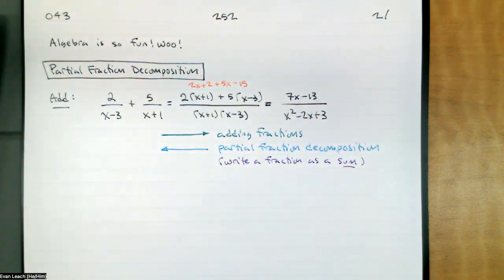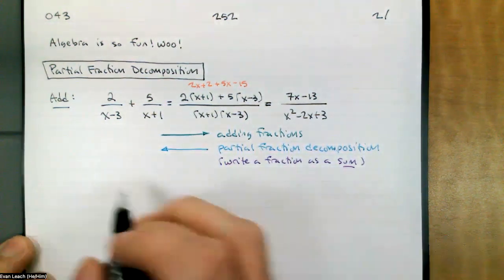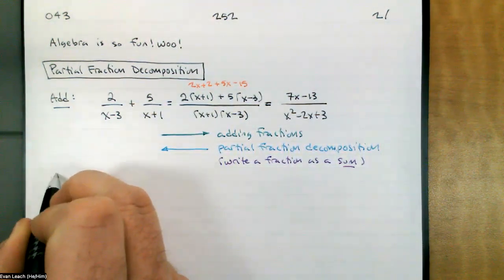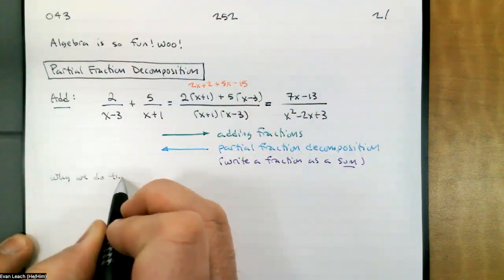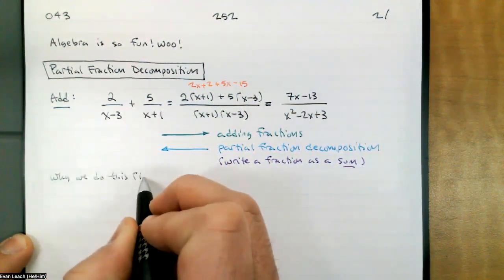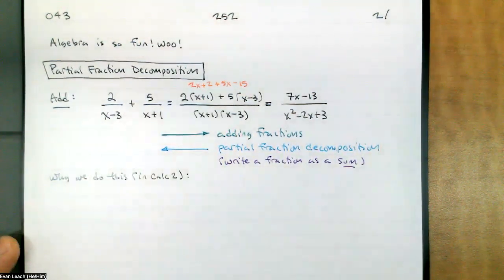Here's why we would want to do this. I don't know why in Calc 2 has to be in parentheses, but this is why we would want to do this, specifically in Calc 2, not just for funsies.